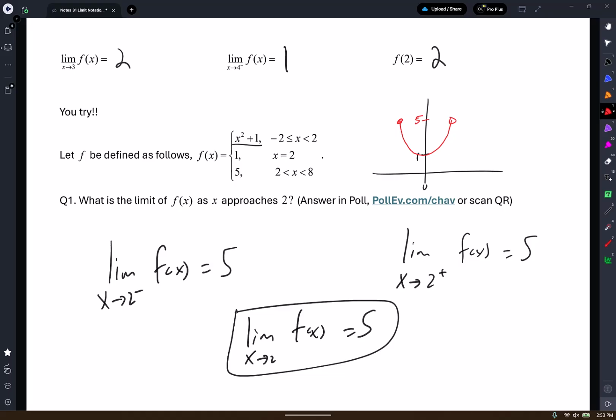And then I have a point at 2, 1. That's 2, 1. And then I'm just 5 between 2 and 8. So here's 8, not to scale. And then you could have seen it like this, and you could have been like, oh yeah, limit as x approaches 2 from the left is 5. Limit as x approaches 2 from the right is 5. So the limit of this function is also 5.